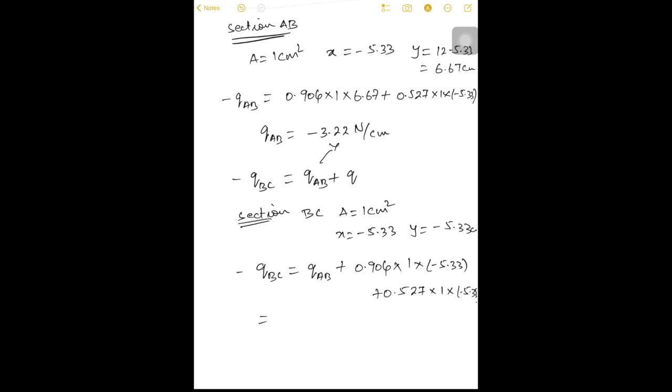On resolving this one, you will get QBC equal to minus 10.85 Newton per centimeter.